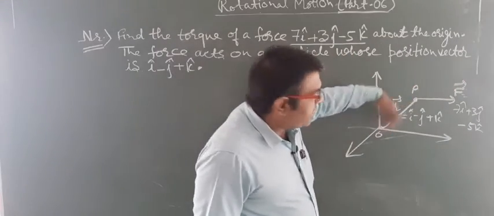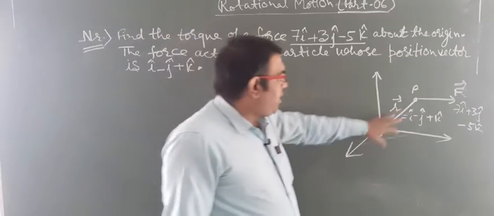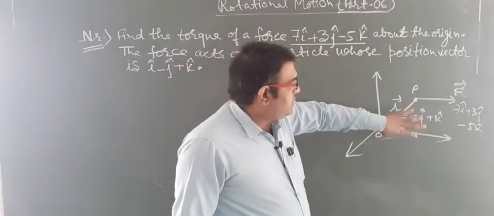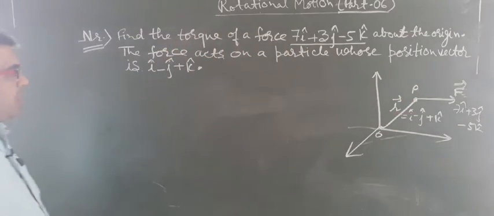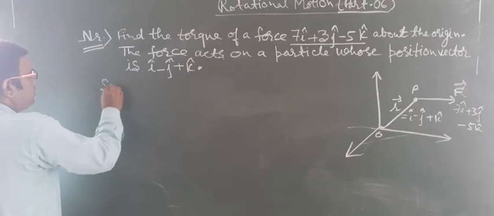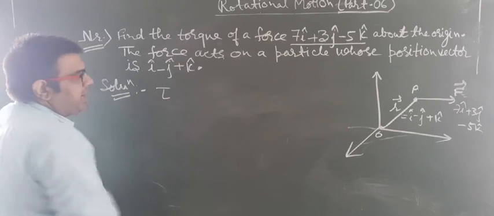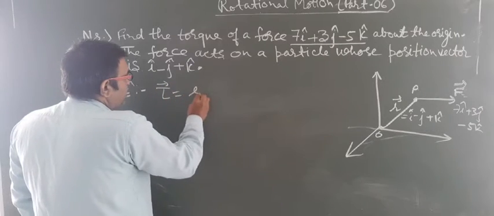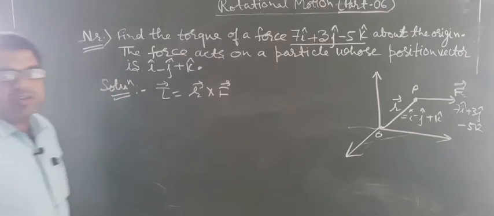Now the particle rotates about the origin, and you have to find the torque acting on the particle with position vector r. As you have studied, the formula for torque acting at a given point is torque equals r cross f.